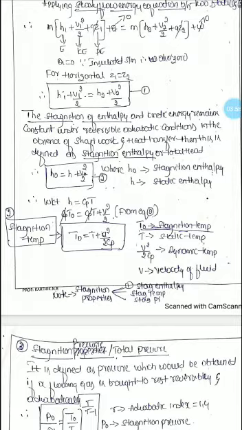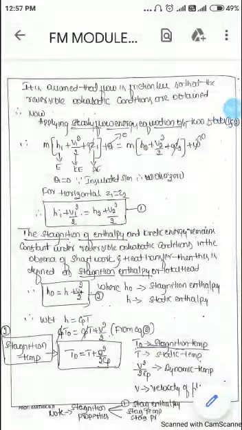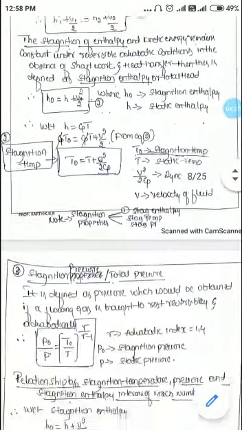Therefore, T0 is equal to T plus v square by 2 Cp, where T0 is the stagnation temperature, T is the static temperature, v square by 2 Cp is the dynamic temperature and v is the velocity of the fluid. With the help of the stagnation enthalpy, the stagnation temperature property is derived.